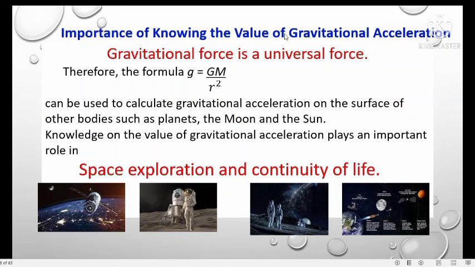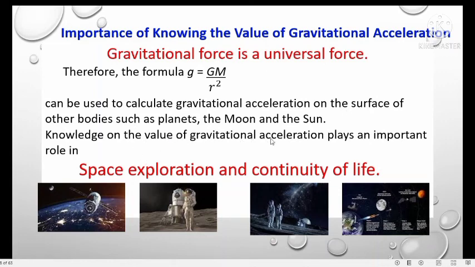The importance of knowing the value of gravitational acceleration. Based on the formula g equals GM divided by r squared, we know that the only factor that affects the value of g is the distance between the centers of two objects or two bodies. So we can calculate the value of small g by using that formula. Therefore, this formula can be used to calculate gravitational acceleration on the surface of other bodies such as planets, the moon, and the sun.